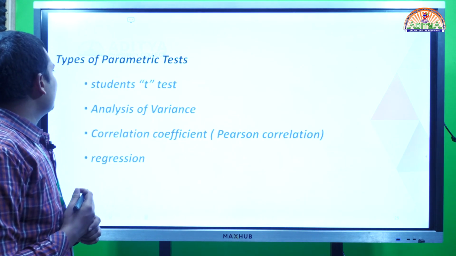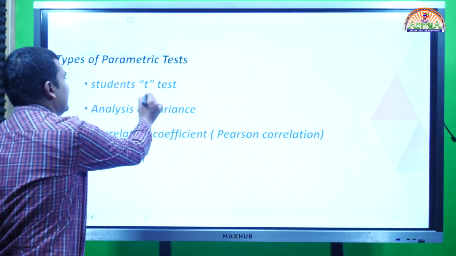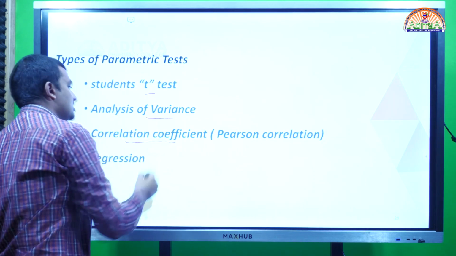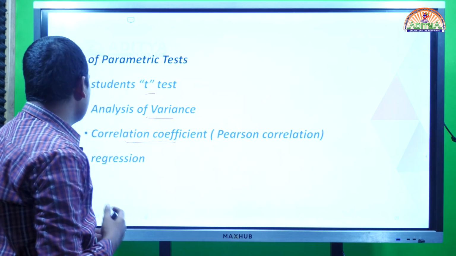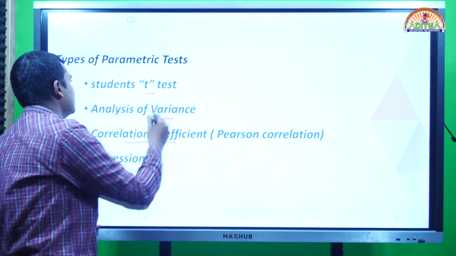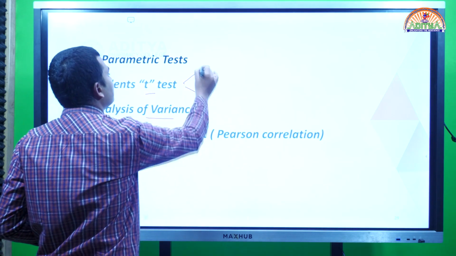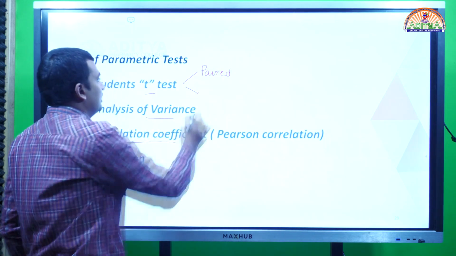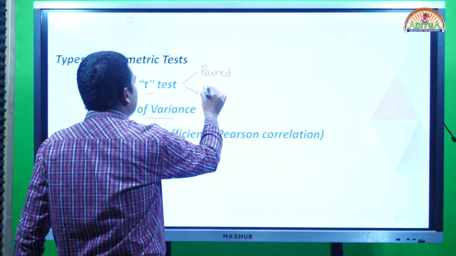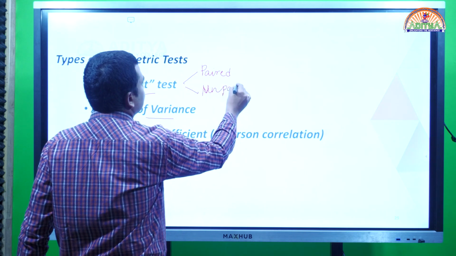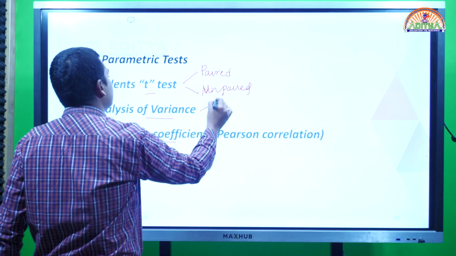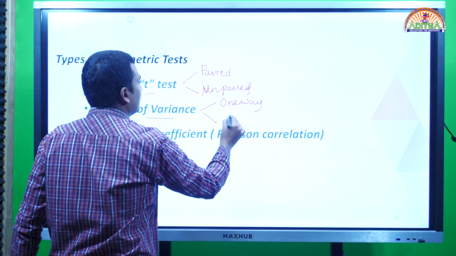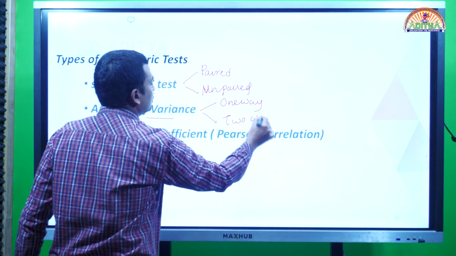So the types of parametric tests include the student t-test, analysis of variance, the correlation coefficient or Pearson correlation coefficient, and regression. Again, the student t-test includes the paired t-test and the non-paired or unpaired t-test, and the ANOVA can also be divided into one way and two way.